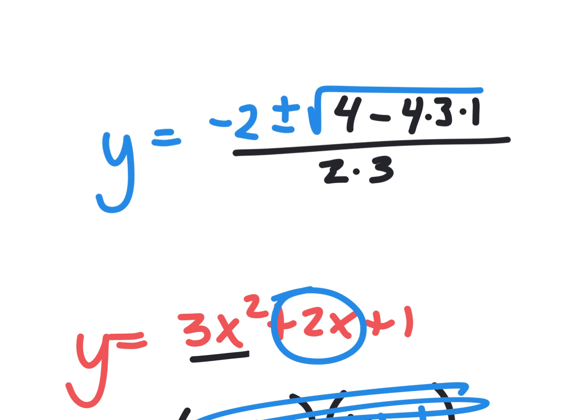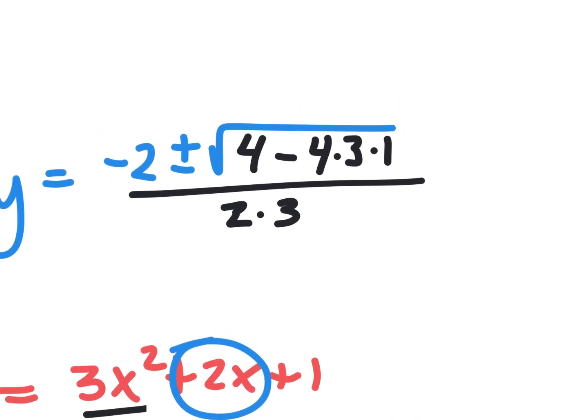The square root that you're going to do is going to be the square root of a negative. What's this part right here called? Hint, it starts with a D. Discriminant. What is the discriminant in this case? Yeah, but what is it? I know it's negative, but what is it? What's D?